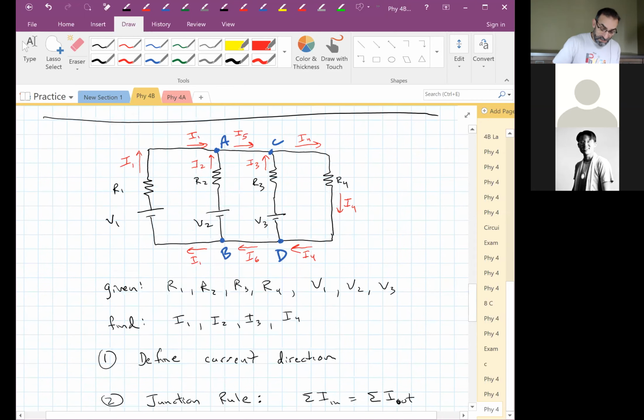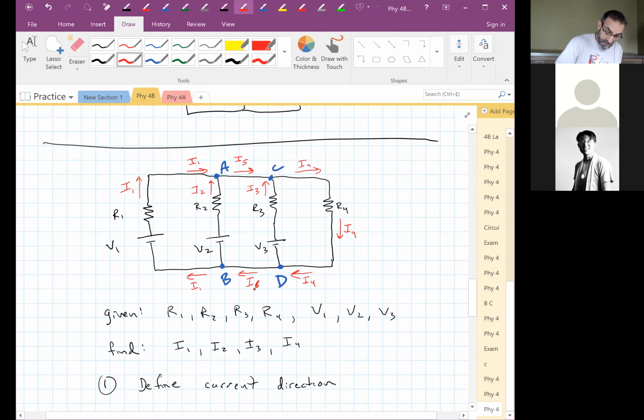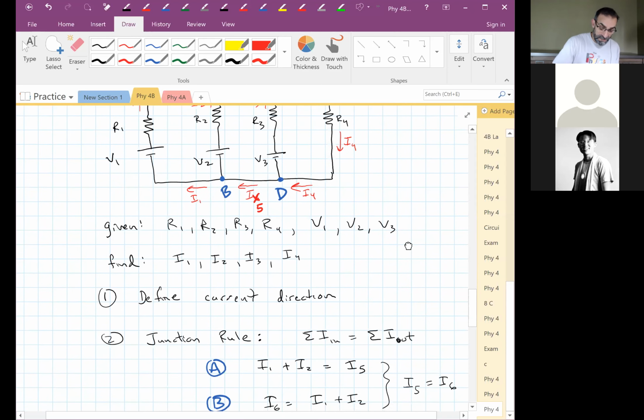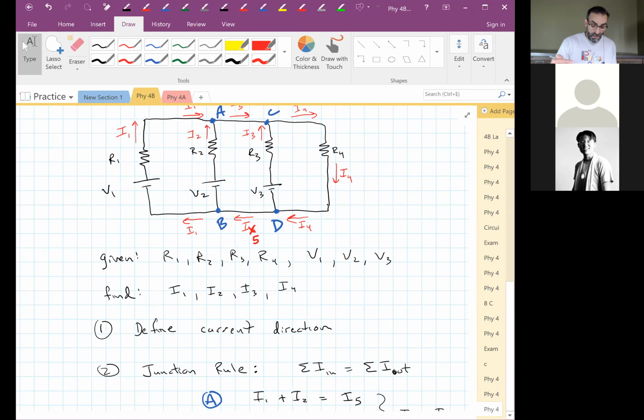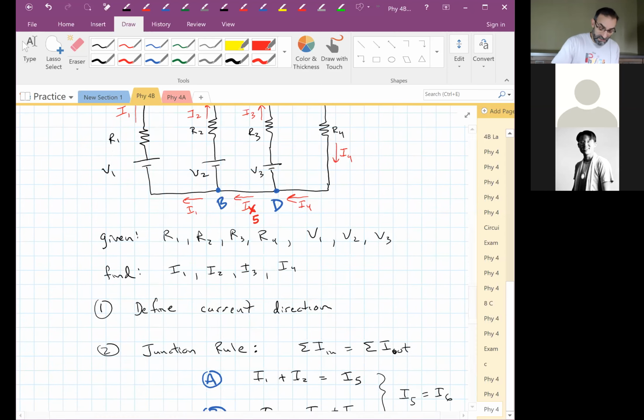And D tells us, I'm just going to call this one I5 since I know that they're the same, that I4 is equal to I3 plus I5.